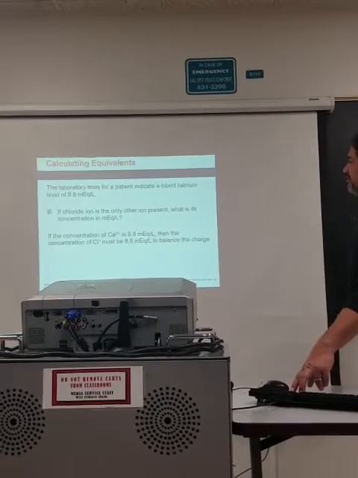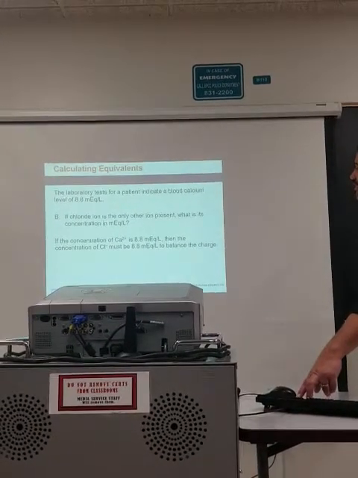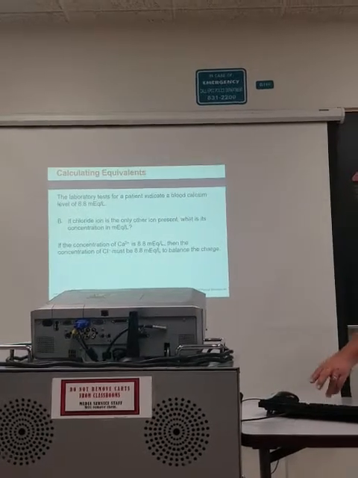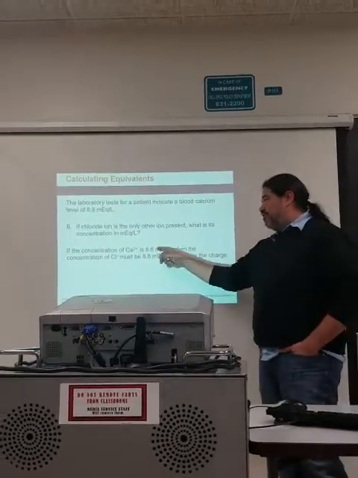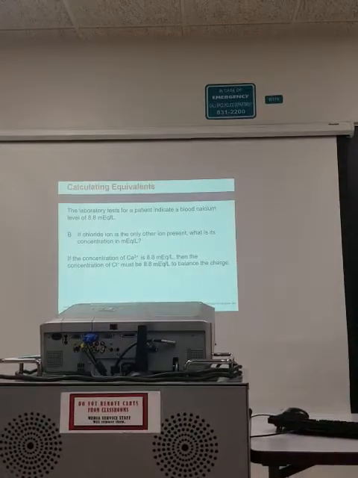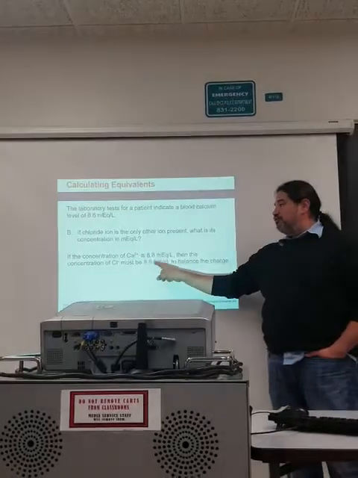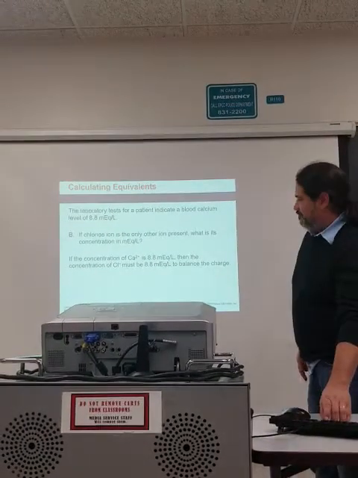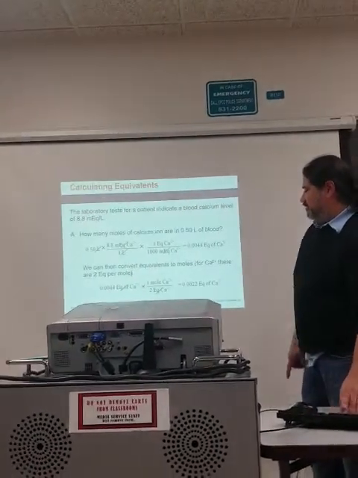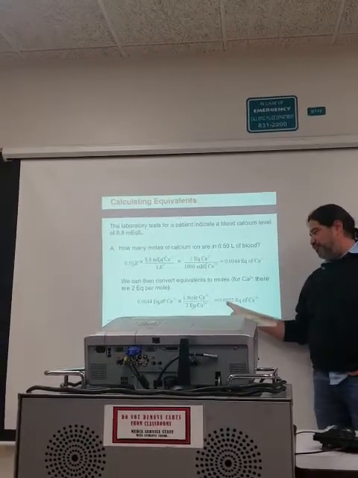If chloride ion is the only other ion present, what is the concentration in milliequivalents? Remember it has to match. So we have 8.8, there has to be an equal amount of 8.8. But for the moles of Cl, because it's a 1, this will be a 1-to-1 ratio. And this will be 0.0044.